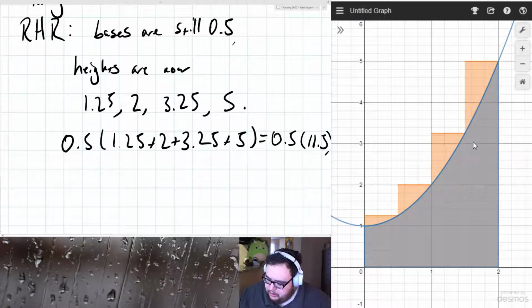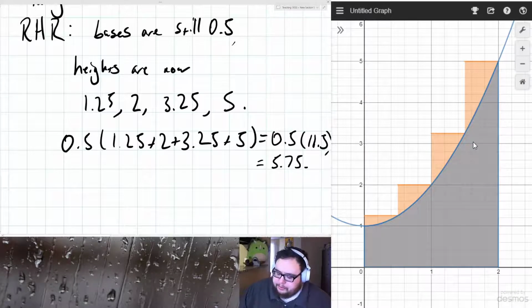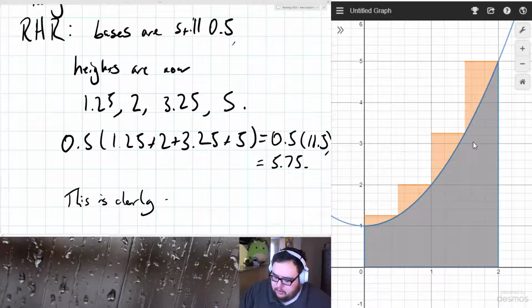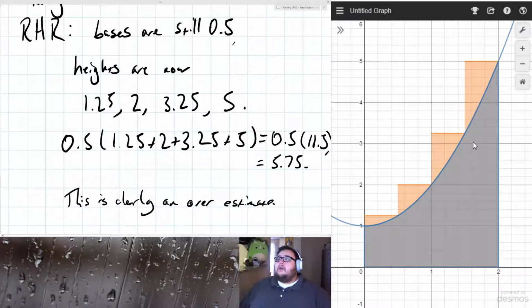And that is 5.75. And this is clearly an overestimate. All of these orange rectangles are above the curve at some point, right? There are those big orange sections that are bigger than what the curve actually is.